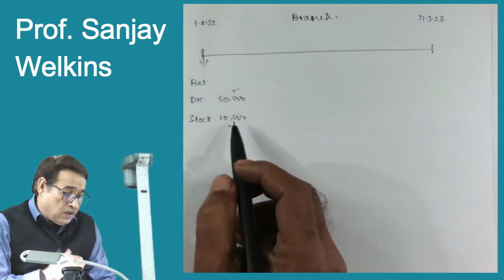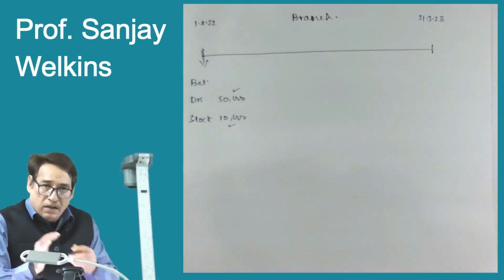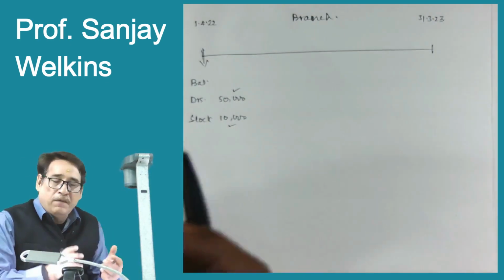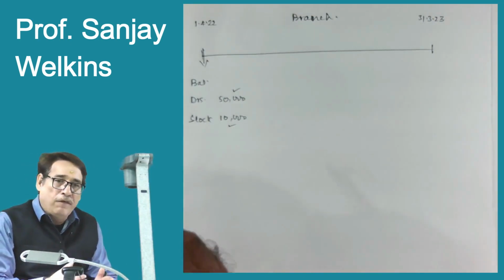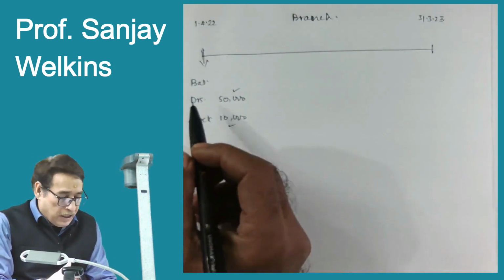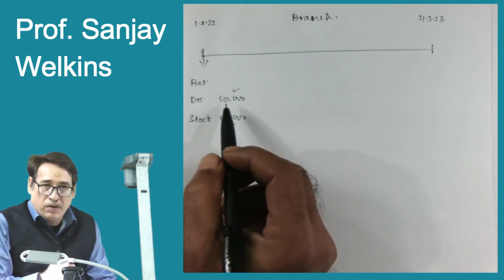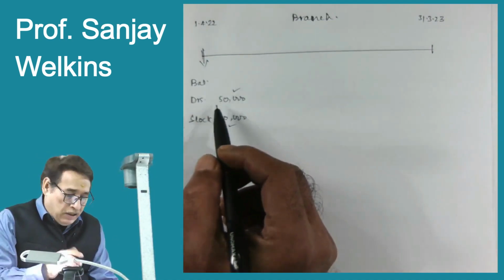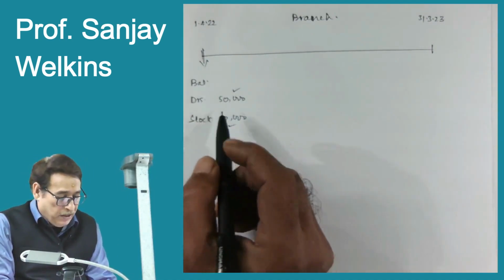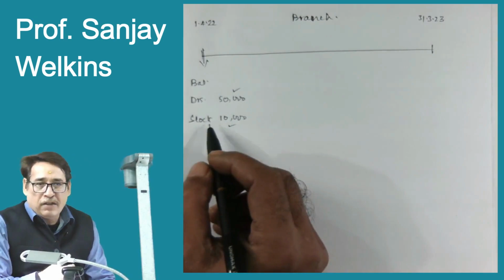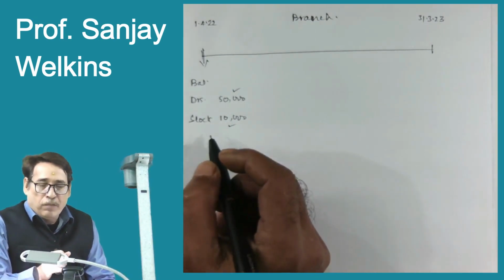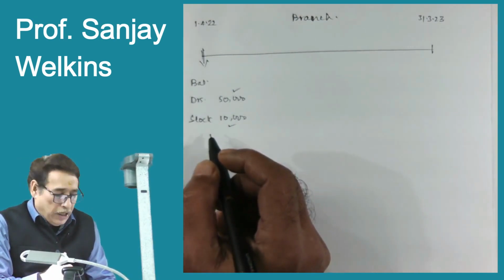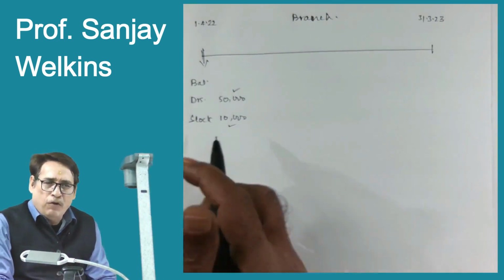Last year, the branch might have done some sales and some of the customers did not pay. That is why those debtors, the customers who did not pay till the end of last year, are being brought forward as opening balance. Similarly, stock signifies that last year head office might have sent goods to the branch and all the goods might not have been sold out.